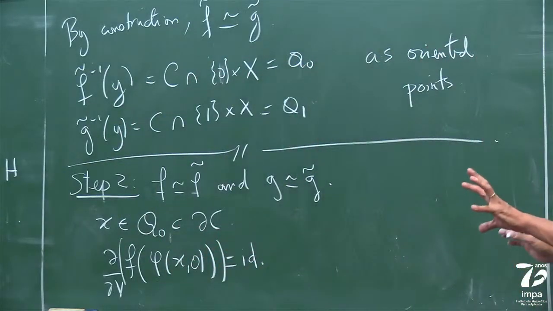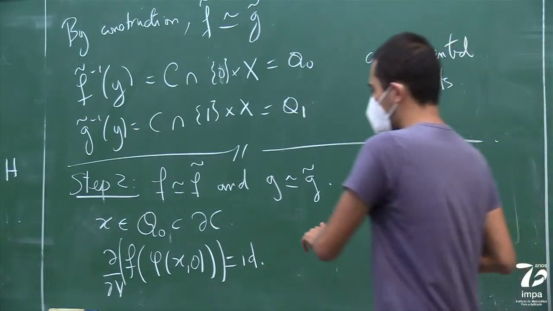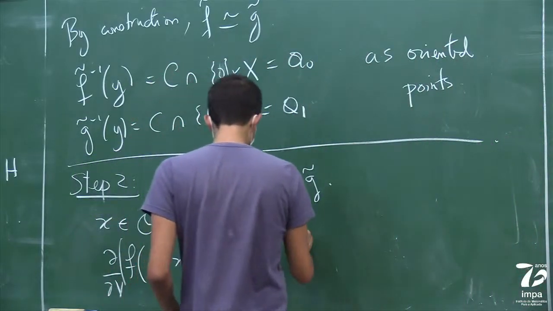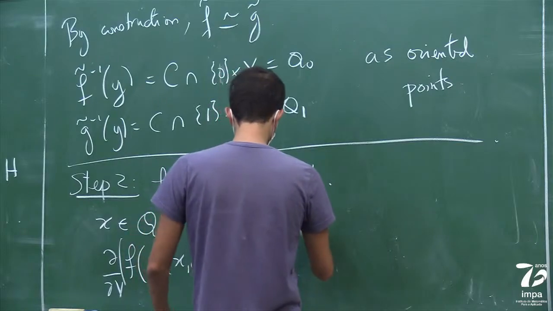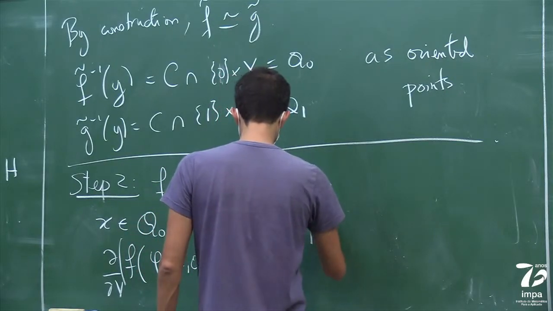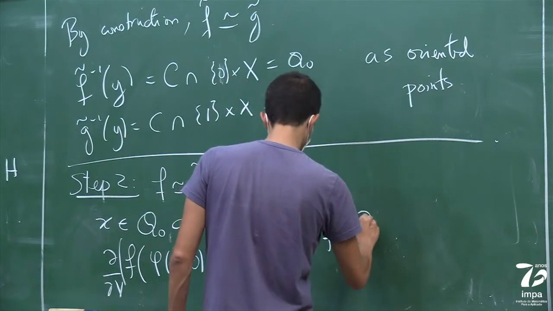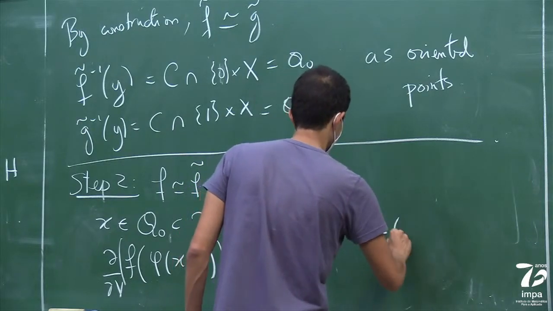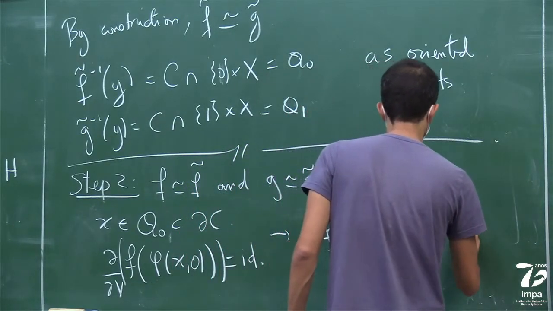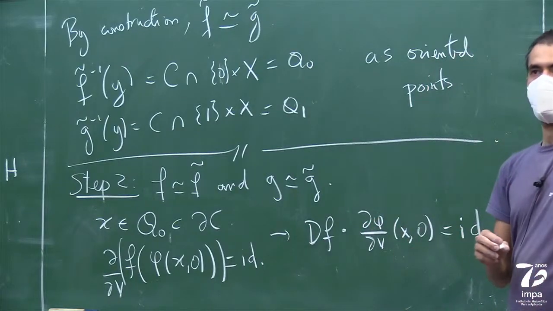So what's that saying? By the chain rule, this is going to be the derivative of f times d phi dv at x0. And I want that to be the identity.